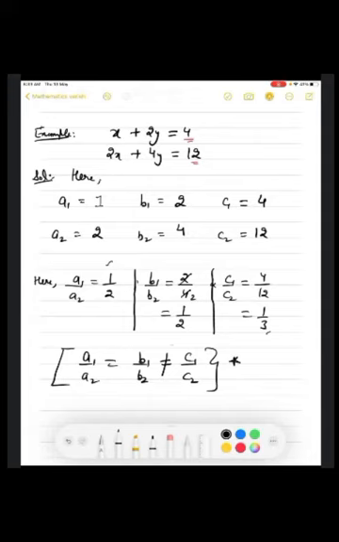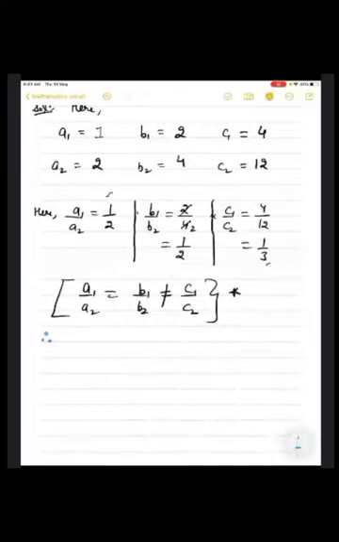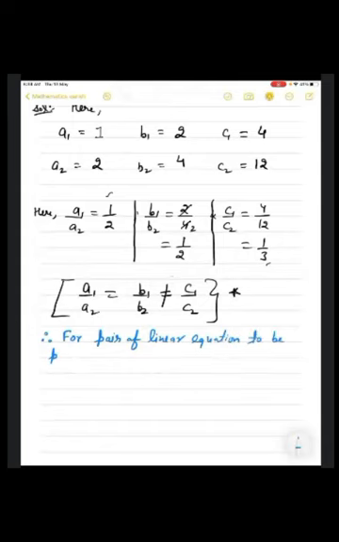And what about the solution? What will be the solution? Do they have any solution? Tell me. No. What about the solution?